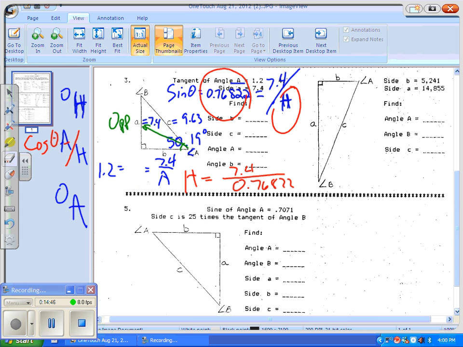So all we have to do is exchange the A and the 1.2. So we have 7.4 divided by 1.2, and we find that it's 6.16, right? Is that correct? So this B right here did ask us for that, didn't it? 6.16.